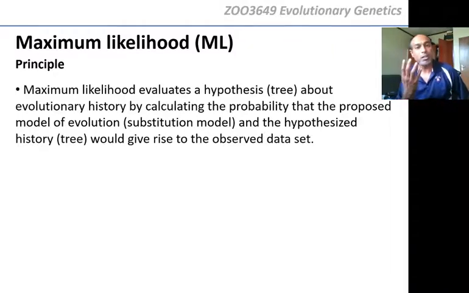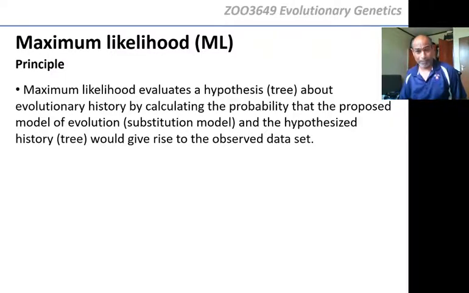There are millions of different potential trees, and each tree is a different hypothesis that we are testing using maximum likelihood. So it evaluates a tree about evolutionary history by calculating the probability that the proposed model and the hypothesized tree together will give rise to the observed data set. Okay?